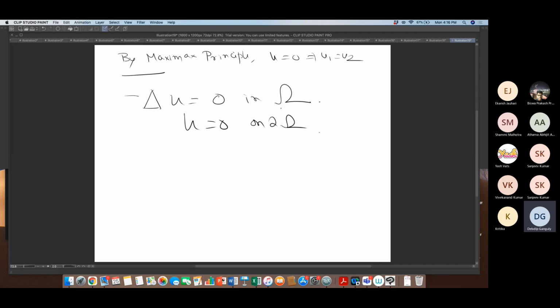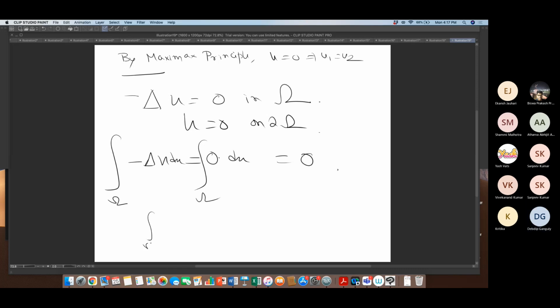Minus Laplacian of u equals 0 in omega means I can integrate, right? The integral over omega dx is again 0. Now you multiply the above equation by u.